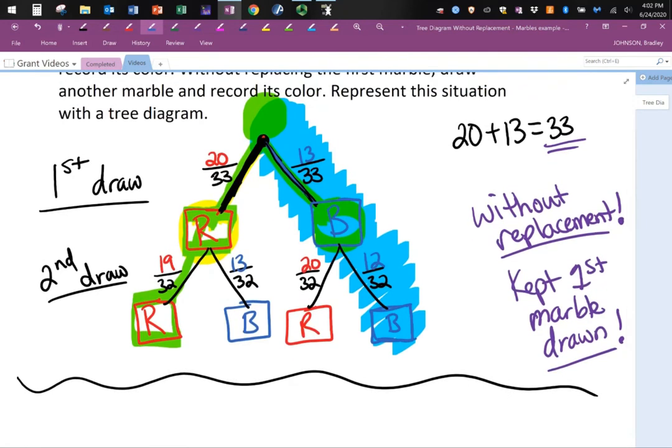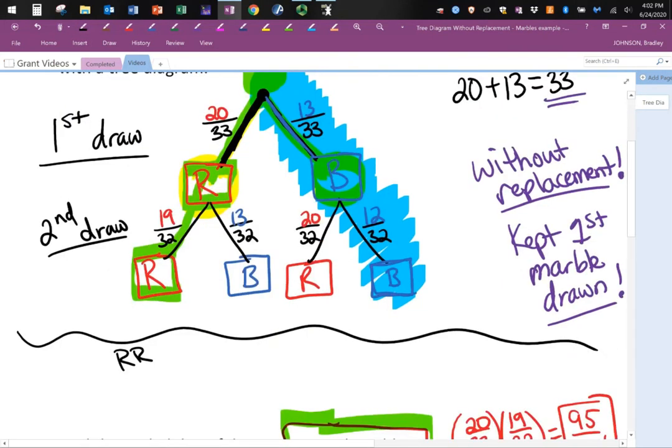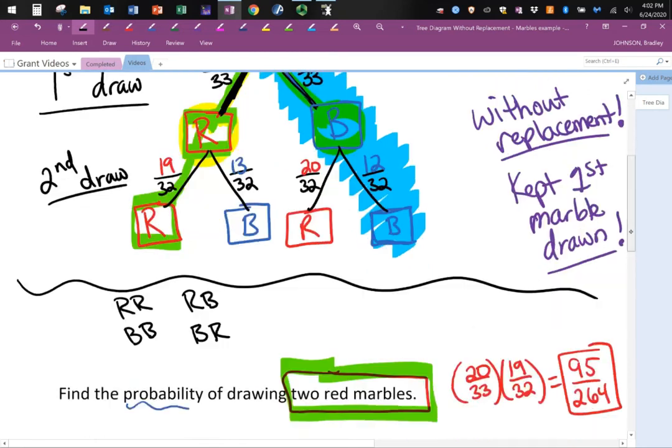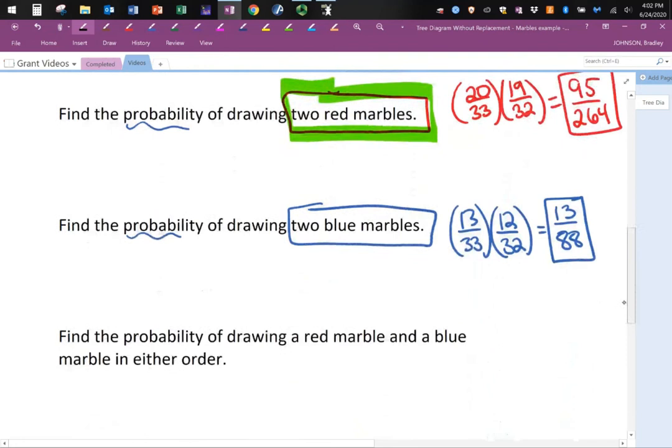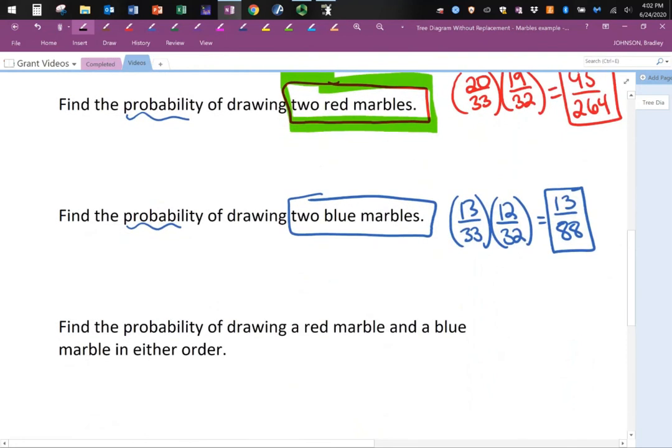Now, we also know that we could pick different combinations, right? We picked red then red, and we've picked blue and blue. But we also know that you could pick a red then a blue, or you could first pick a blue then a red, right? So either order. So that'll be the next probability I look at. Find the probability of drawing a red marble and a blue marble in either order.